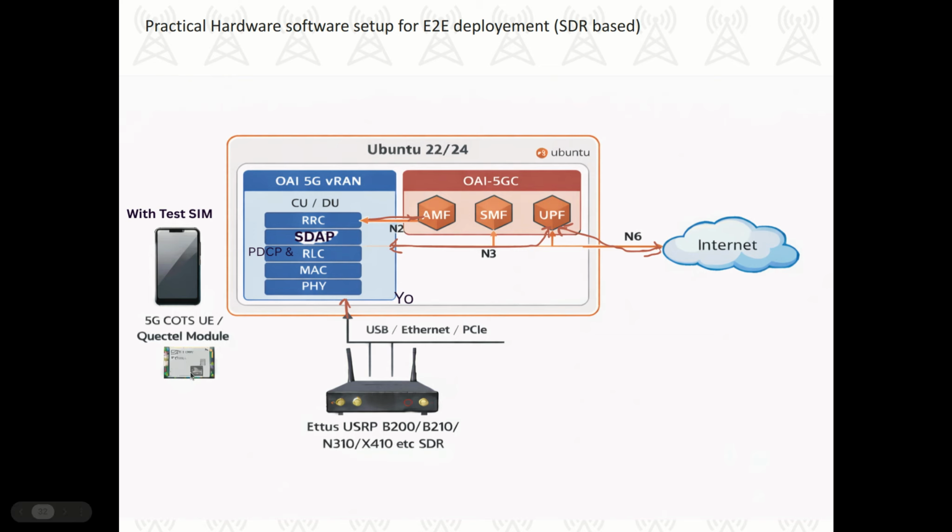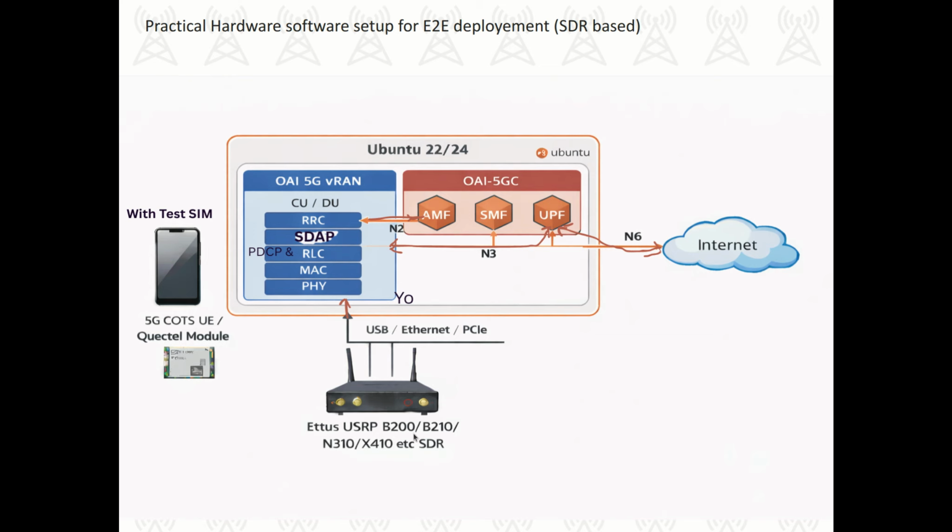So the Quectel module is basically a module which typically is a sort of bare bone modem chip, Qualcomm, and that can also connect to any of these networks. Okay, and then here the SDR part is shown.